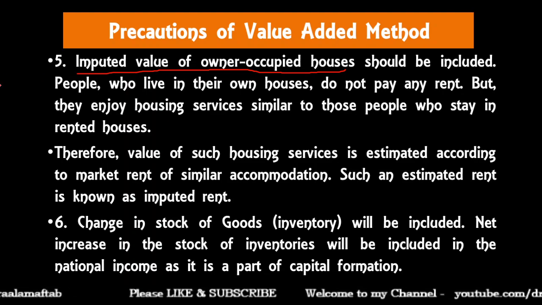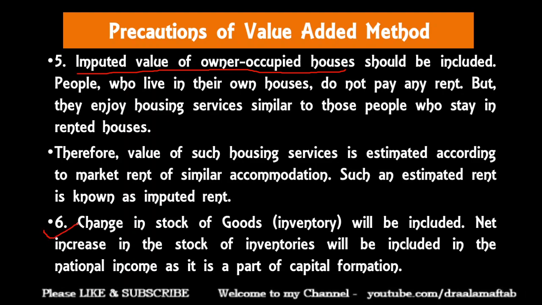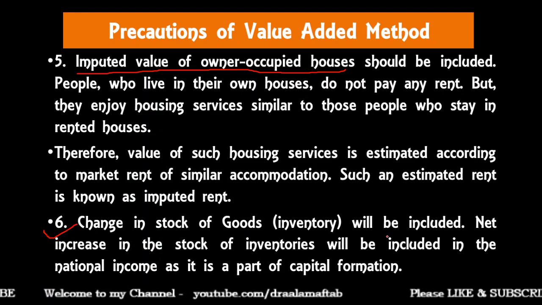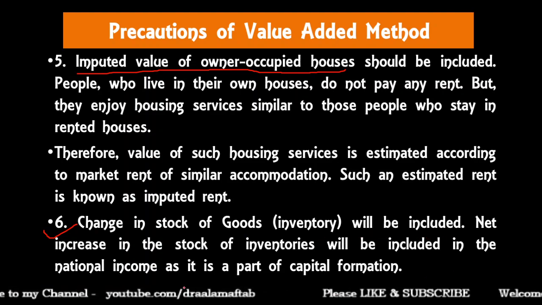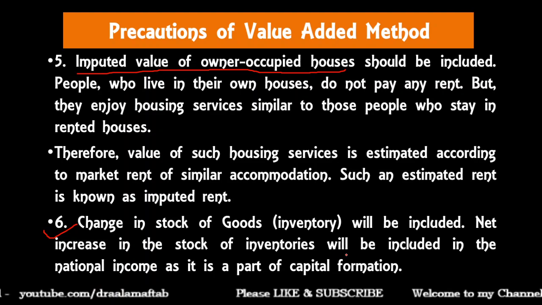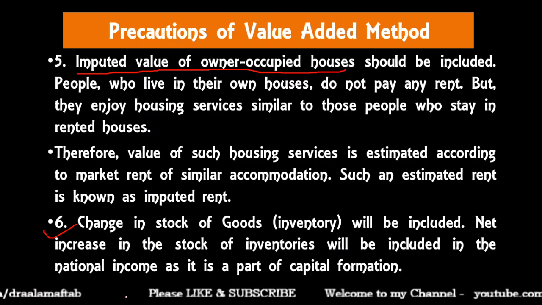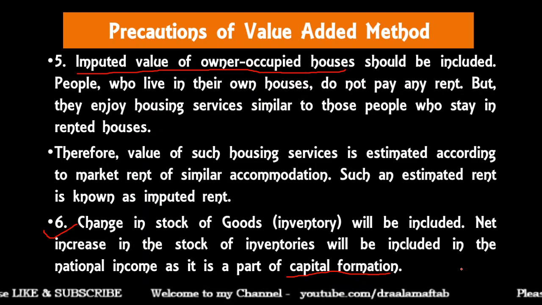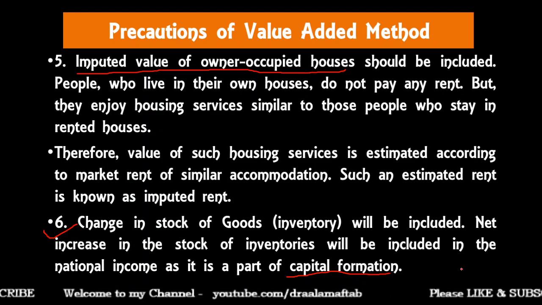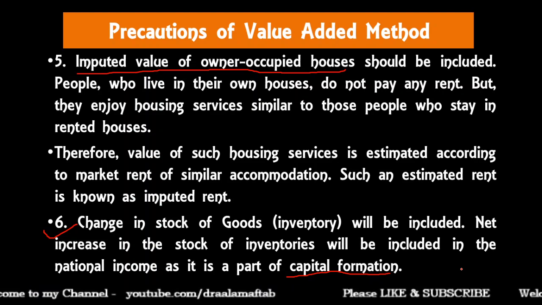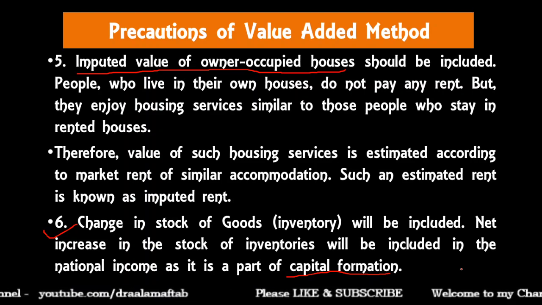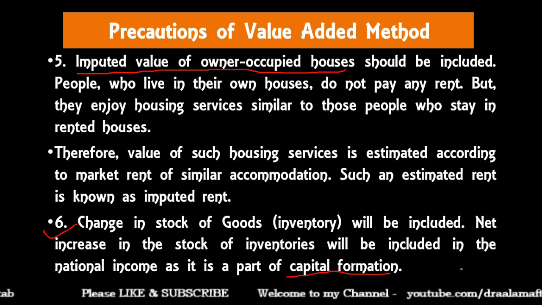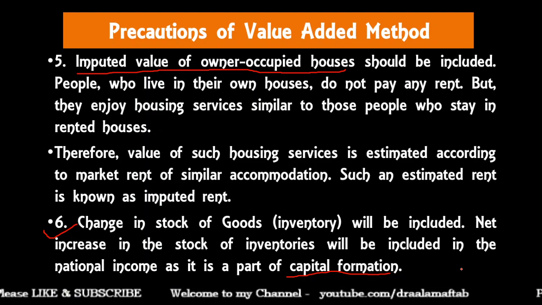And lastly, the last precaution is change in stock of goods or inventory should be included. The net increase in the stock of inventories will be included in the national income as it is part of capital formation. So while using the value added method, you must take care of these 6 precautions. So this is how we calculate national income with the help of value added method.